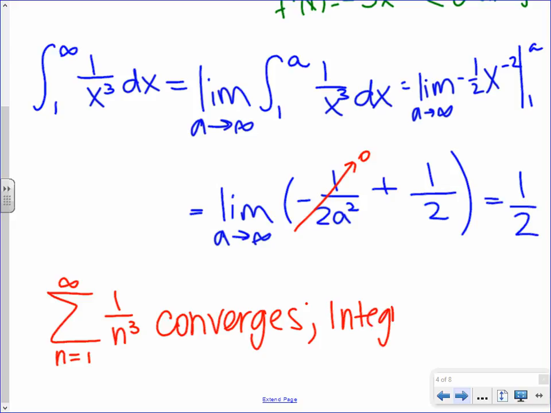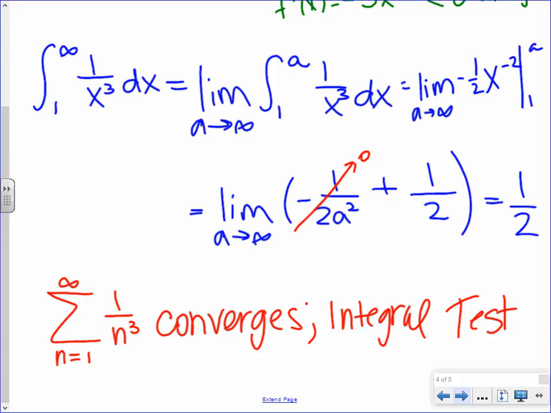Okay. Luckily, somebody analyzed what happens for 1 over n cubed, and 1 over n to the 4th, and 1 over n to the 5th. And you can see that if I just change that to 1 over x to the 4th, or 1 over x to the 5th, is it going to go pretty similarly?